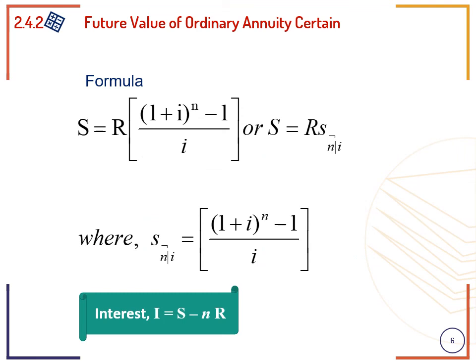Here is the formula of future value of ordinary annuity certain once simplified.